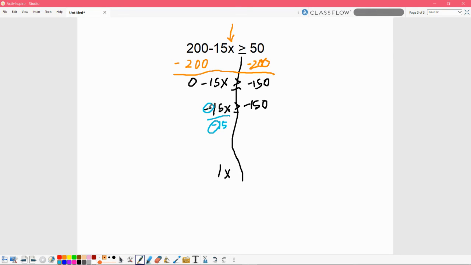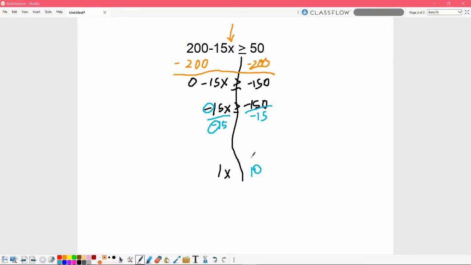If I were to divide negative 15 by positive 15, I would still get negative 1. So remember that whatever number this is has to match the number that you're dividing by. So then I'm going to divide the other side also by negative 15. Okay. So in this case, negative 15 divided by negative 15 equals 1. And negative 150 divided by negative 15 equals 10.